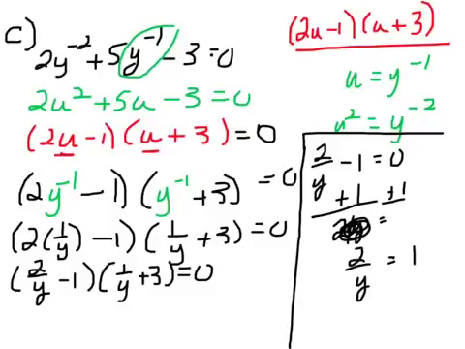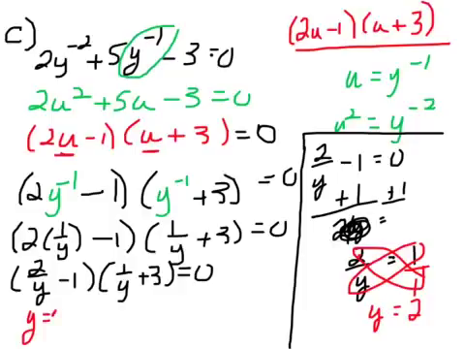I could do this a bunch of different ways, but hopefully by now you're seeing that if I have a fraction on one side and a number on the other, I can turn that number into a fraction and say, oh, it's a proportion, and I can cross multiply. y times 1 is y, and that equals 2 times 1, which is 2. So this one gives us y equals 2.